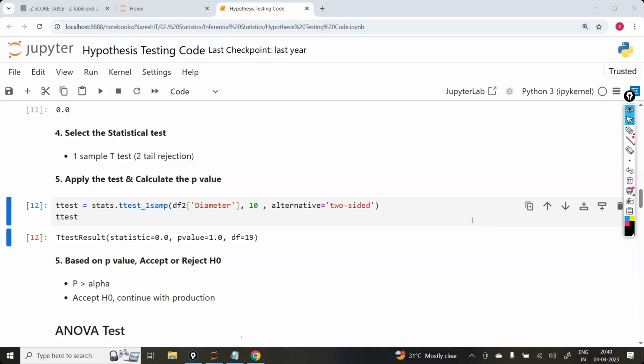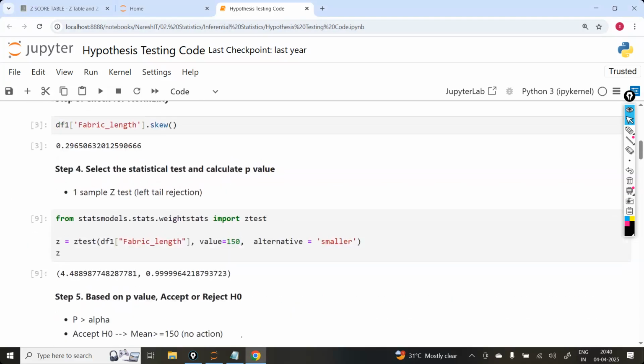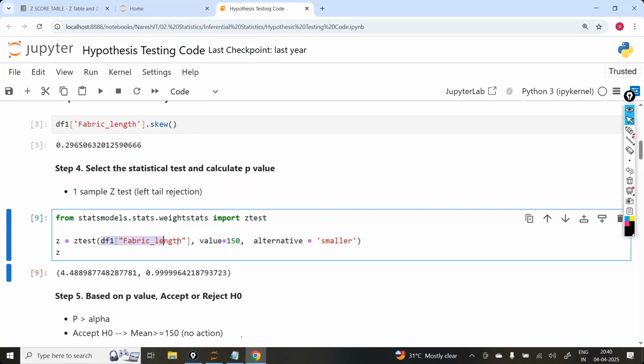Can you explain the line of code again? Which line of code, Govardhan? This one? The t-test code. Yeah, in the t-test, first you have to provide the data. See, whatever you have applied in the z-test, data, population mean value, alternate. These are the three things, right?